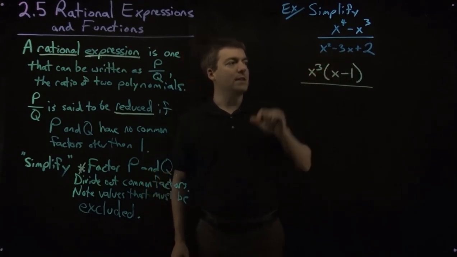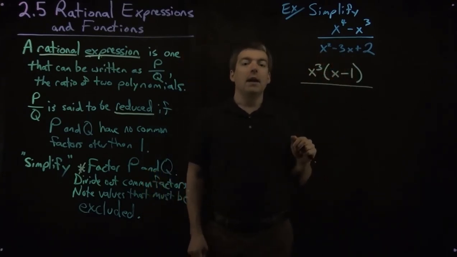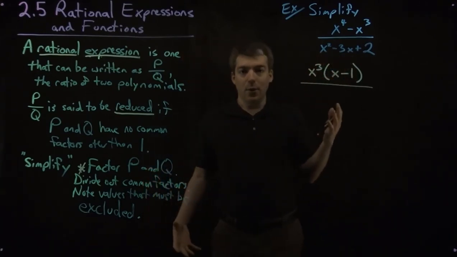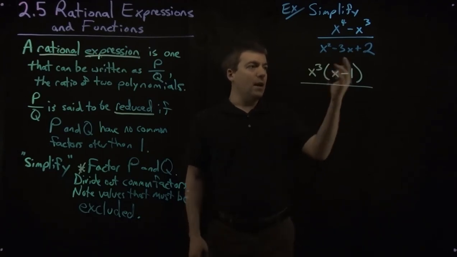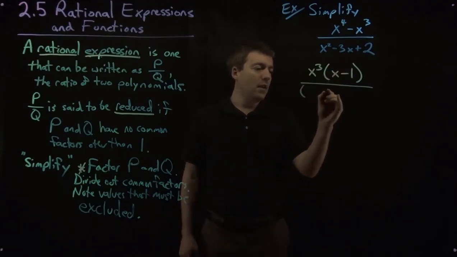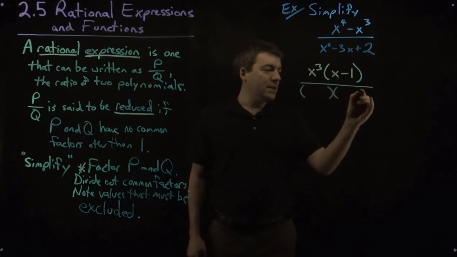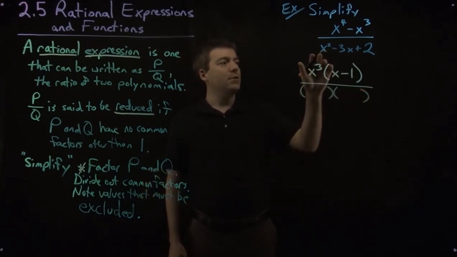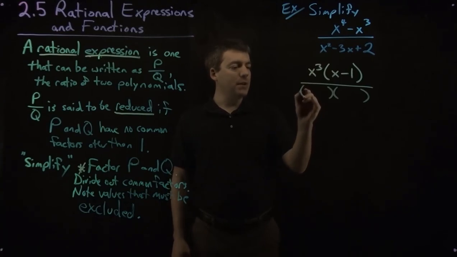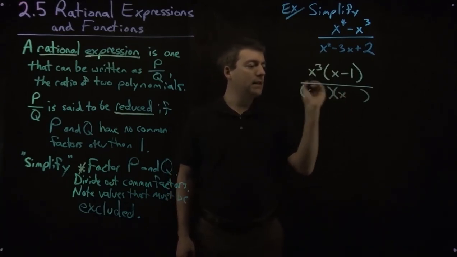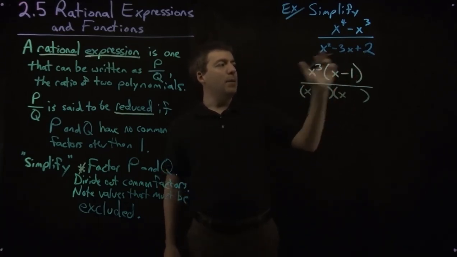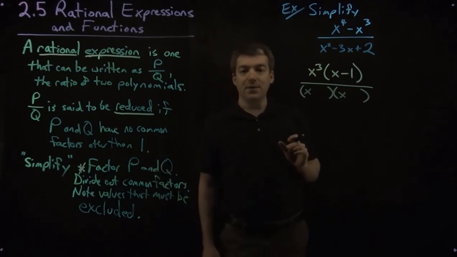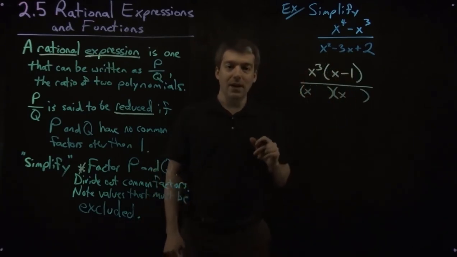Now the denominator. We want to factor that as well. This is a quadratic, and we can use the techniques that we know to factor a quadratic. There are no choices for the x squared here, just 1 and 1, so x and x. Then we need pairs of factors of positive 2 that add up to negative 3.